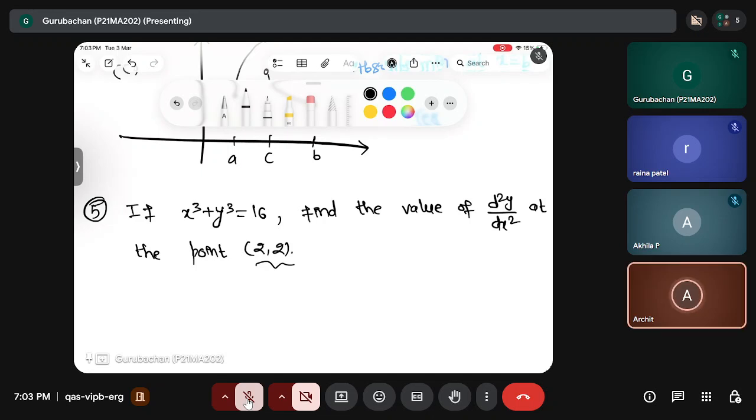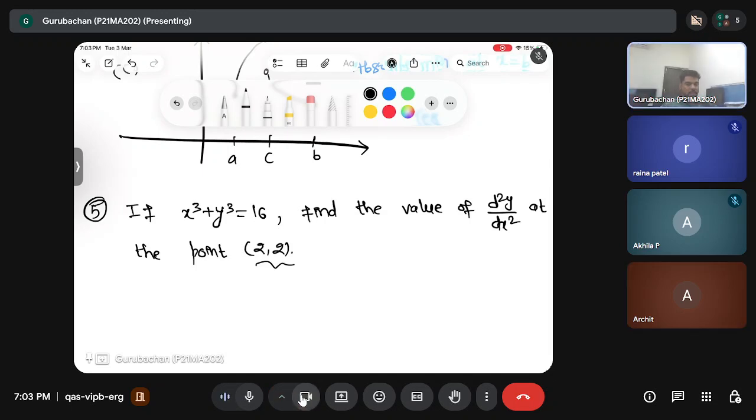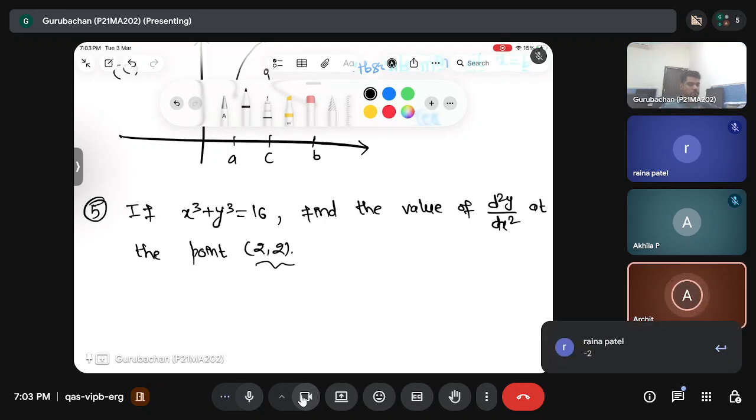Sir, 2. No, there is a sign convention, minus. Sir, sign convention. Is it minus 2? Yes, sir, minus 2. I missed the sign, sir.